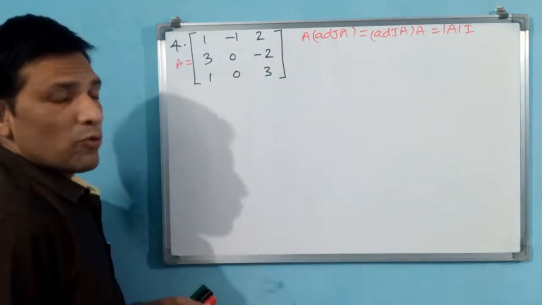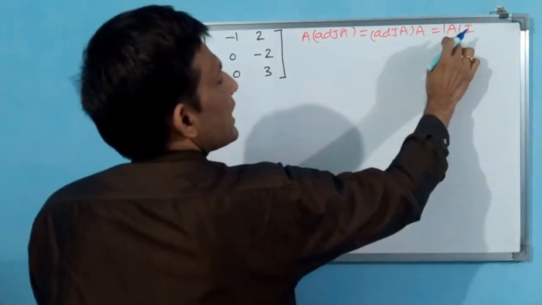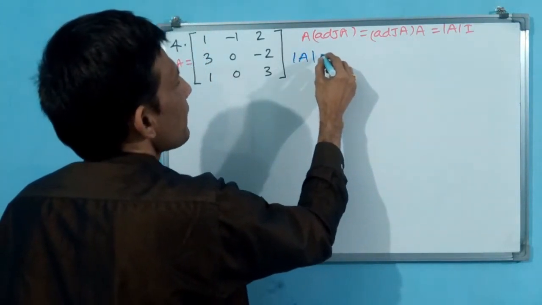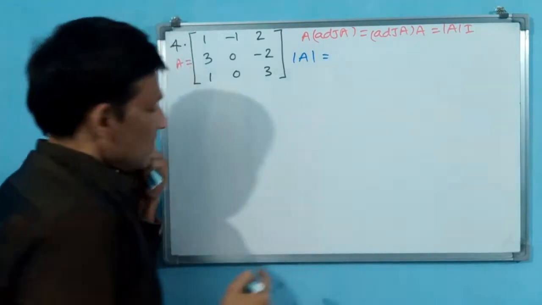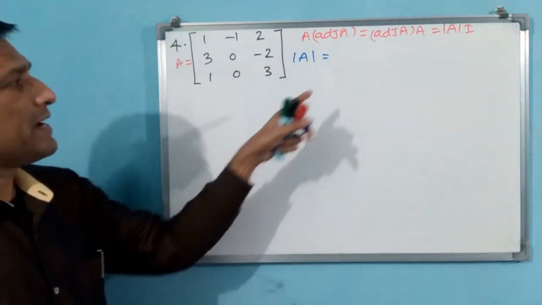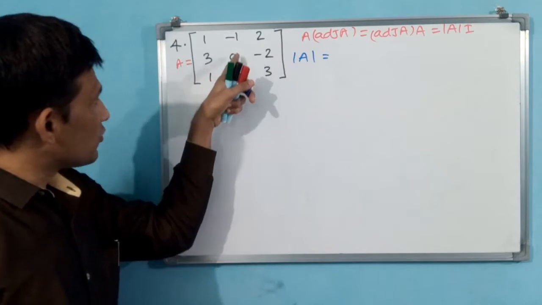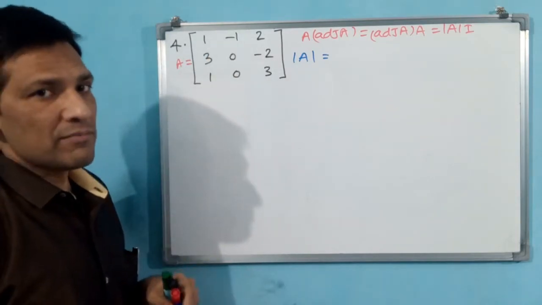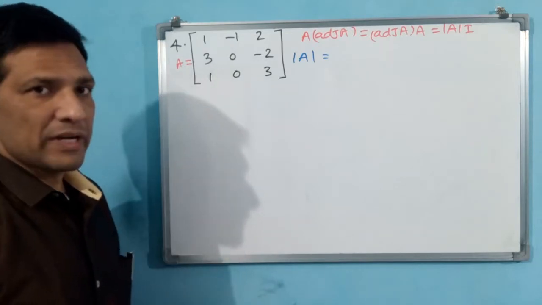Okay. For proving this, first we calculate this determinant A. Let us find determinant A. Because finding the determinant is very easy. Why? Because you see here two zeros are there. If you find by this column 2, then in one step we can get it.